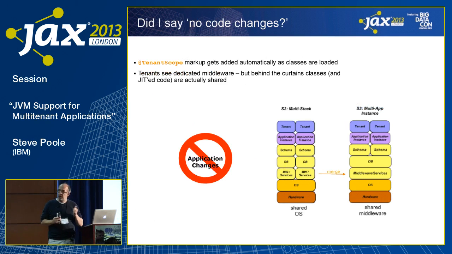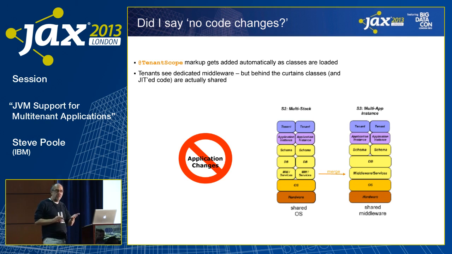And I said, no code changes. So if this tenant scope idea was invisible, so you don't need to worry about it, why would I actually talk about it? Well, the reason that we need to make this available to you is because there are people who want to opt out of being kept in the dark about what's going on.